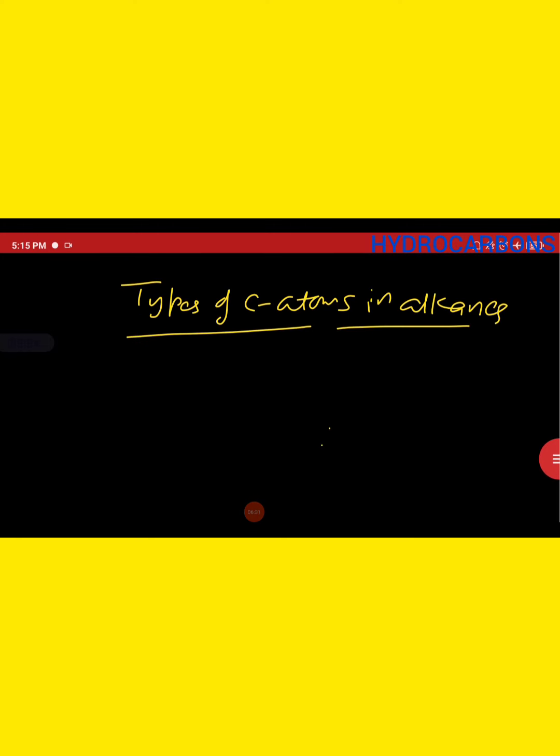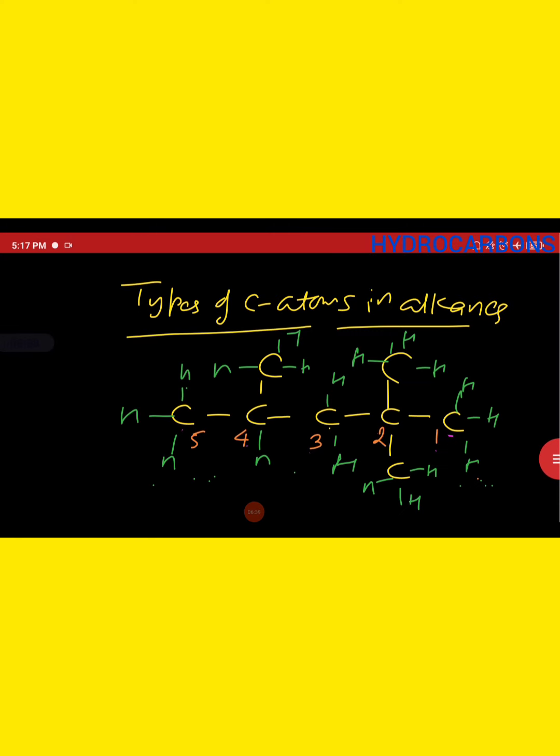Now we'll study the types of carbon atoms in alkanes. Let us understand this with the help of an example. This is one compound, and its name is 2,2,4-trimethylpentane. Our focus in this compound is to determine what type of carbon atoms are present in it.